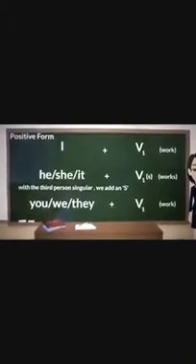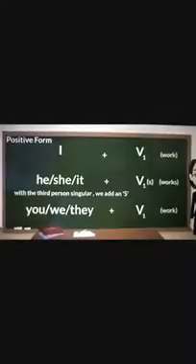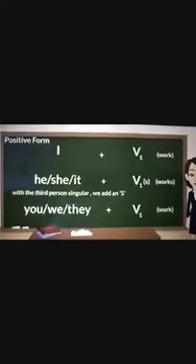But for third person singular, or we can say for singular like he, she, it, we use verb plus S. That is, we can see he, she or it plus verb 1 plus S, works. Okay, so you have to remember this, children.